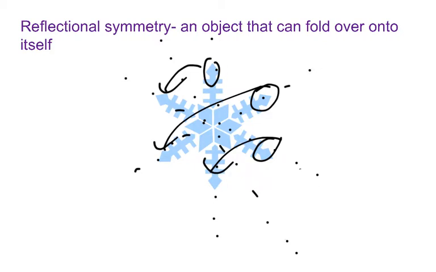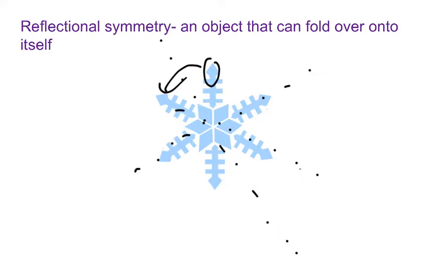So it's got several more that we could look at. And if we can do that one, we could do this one. And then we could do this one. Am I missing any? I think I've got them all.